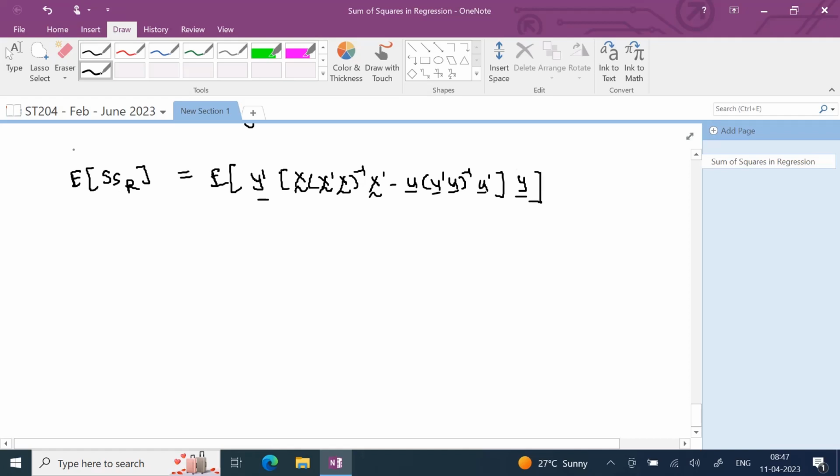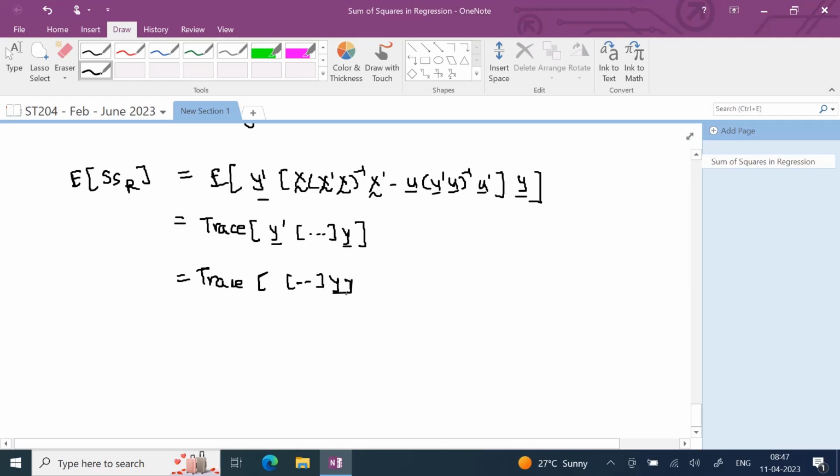We had derived this. So I have a quadratic form inside, so basically it's a scalar. So I could write it as the trace of itself. So it will be the trace of y prime into this big thing y, which I could write as the trace of that big thing into y prime.